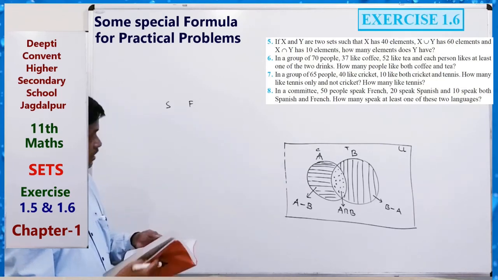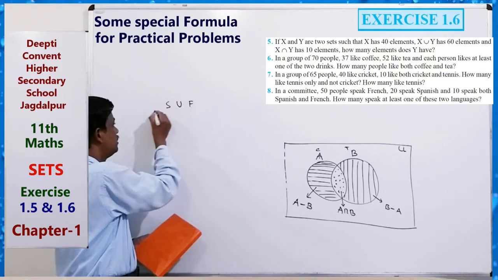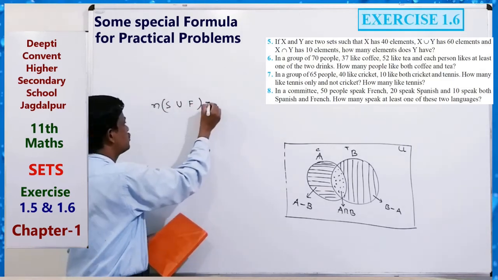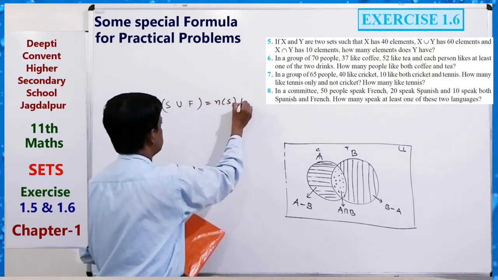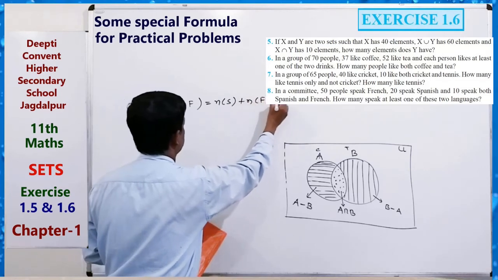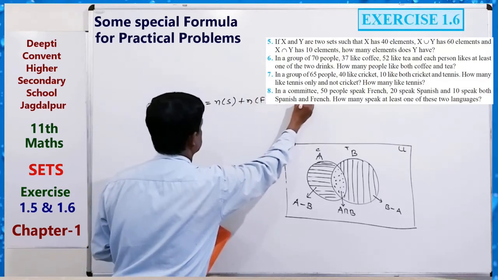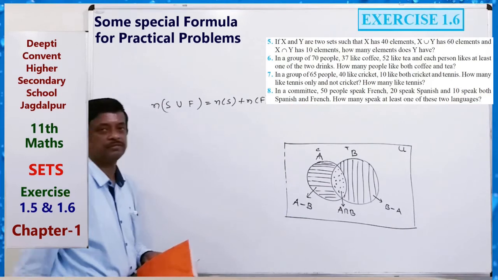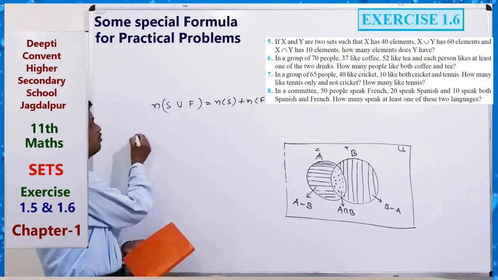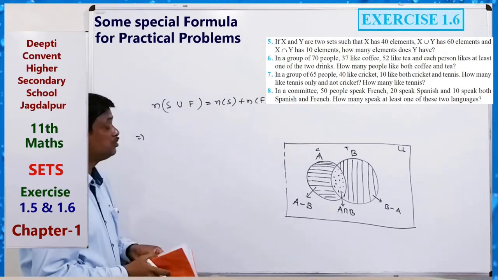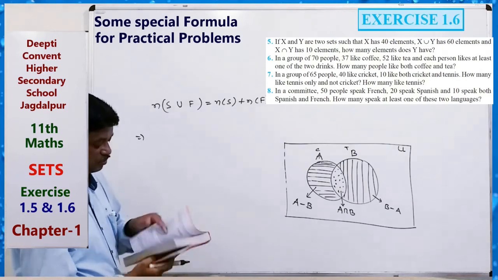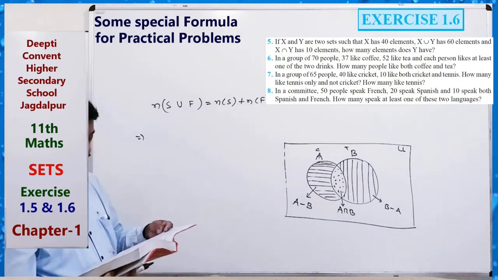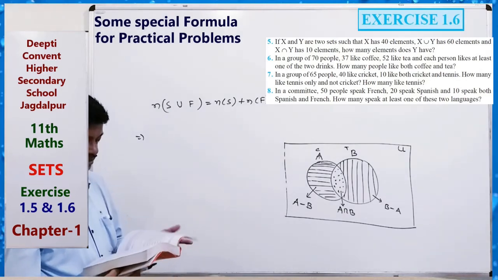Then S union F equals N(S) plus N(F) minus N(S intersection F). By using this formula we can get the result. Union means at least, so we have to find how many speak at least one of these two languages.